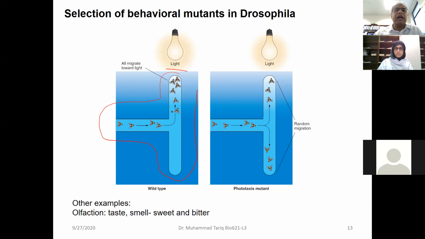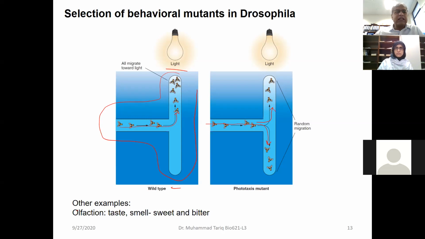On one side you have light, on the other side you don't. When you pass the mutant population, if there are phototaxis defective flies, they will move towards the dark side, and the ones which are not mutant in the phototaxis genes, like the wild type, will always go towards light.